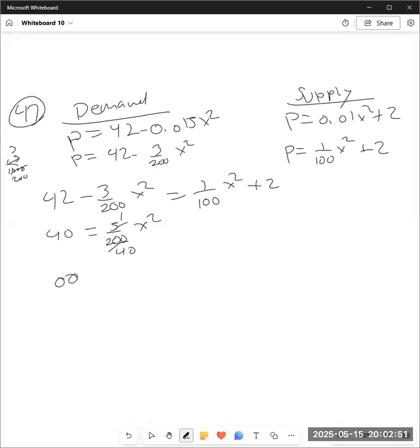So x squared is 1,600, so x is 40. X has to be a positive number; we're not allowed to have negative production. P of 40 is going to be 16 plus 2, which is 18.